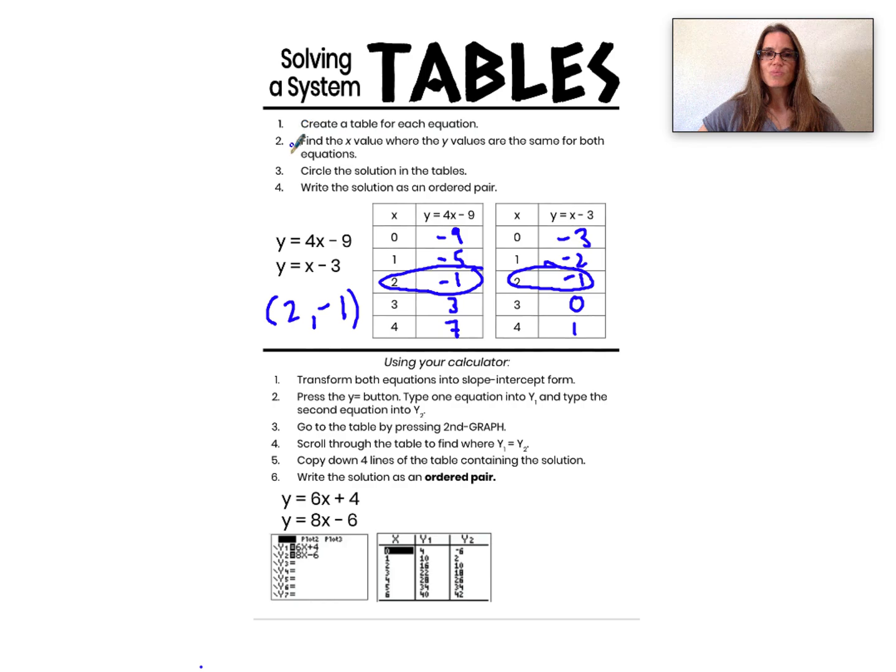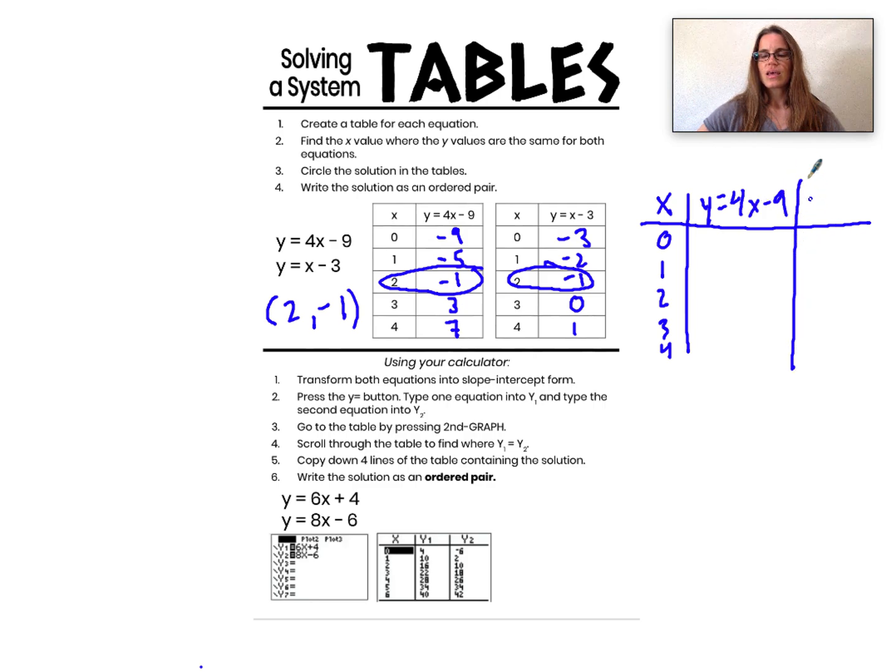The way that this procedure is described in the directions is find the x value where the y values are the same for both equations. This is referring a little bit more to what I would call a double table. So we could do the same process, but instead of making two completely separate tables, I could list my x values, and then I could calculate my first set of y values in my second column, and then my second set of y values in this final column.